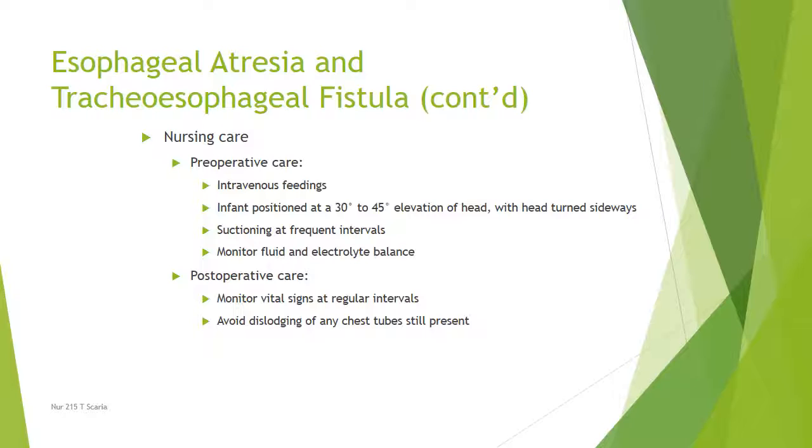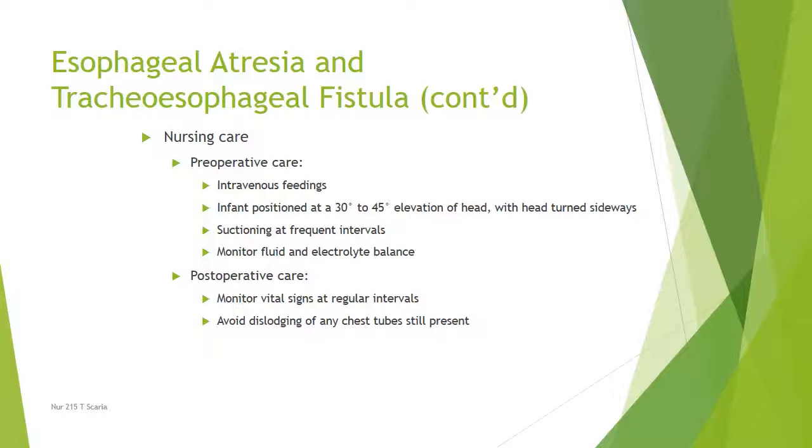Tracheoesophageal fistula is managed by surgical correction, so we do not feed the baby before surgical correction. Remember that, because if you feed with the fistula, it will go directly into the lungs and that can cause pneumonia.